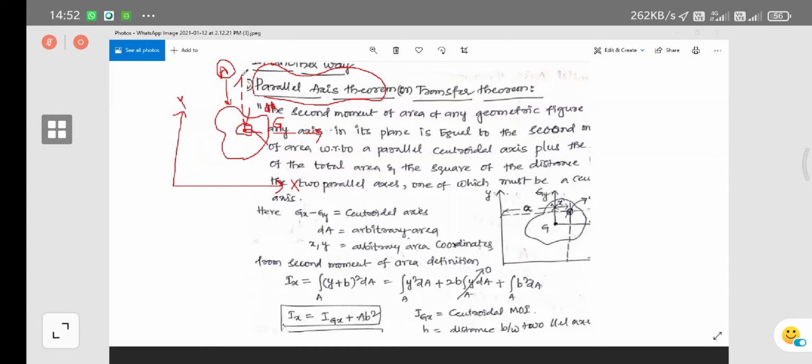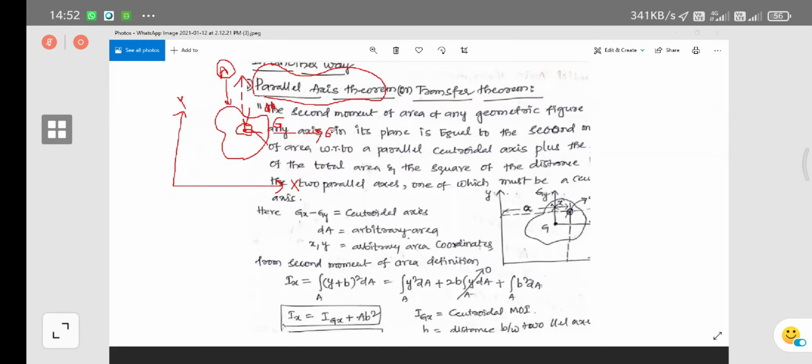I am taking two extra axes passing through the centroid of the differential element. So centroid G is the term representing the centroid as capital G.